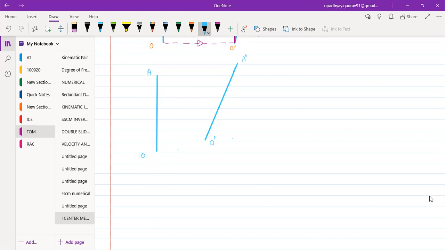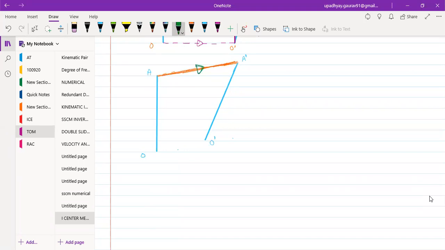So what we have to do is I am going to join these end points from A to A dash. Can you tell me, if it has moved from A to A dash, the direction of velocity will definitely be in this direction only.